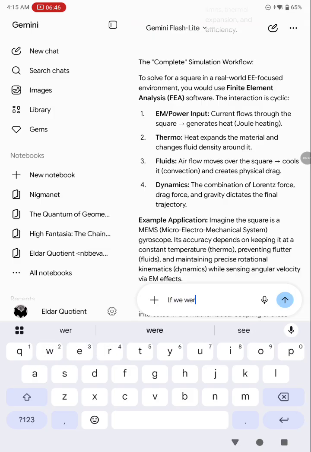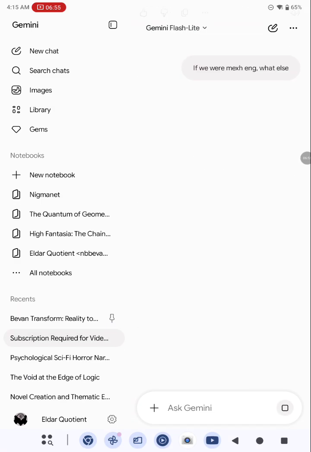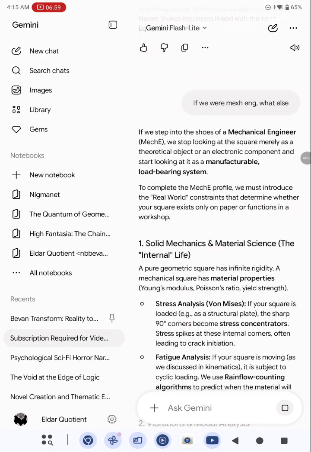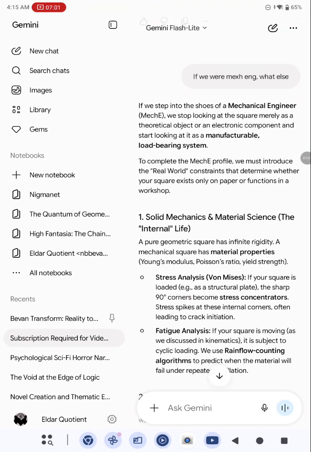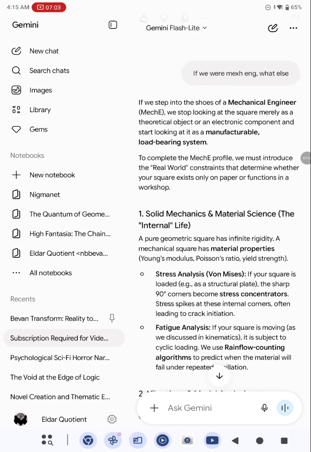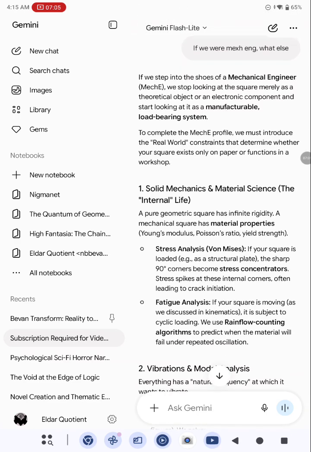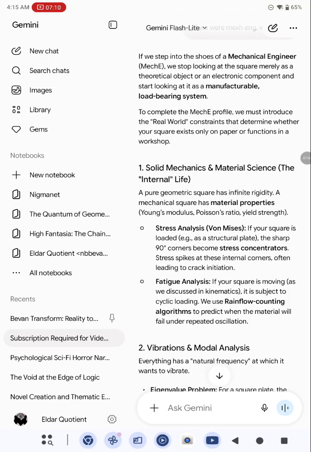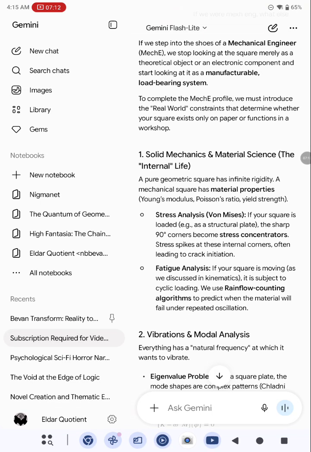If we were in mechanical engineering, what else do we need to know? As far as this physics and stuff, we step into the shoes of a mechanical engineer. We stop looking at the square merely as a theoretical object or electronic component, and start looking at it as a manufactured load-bearing system.